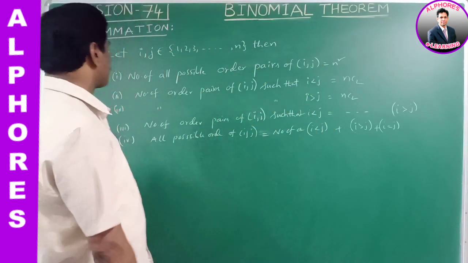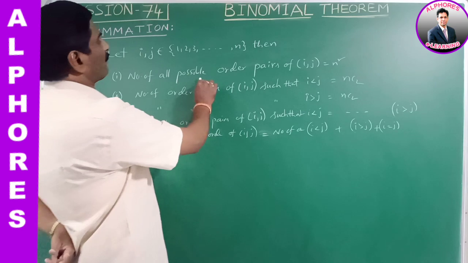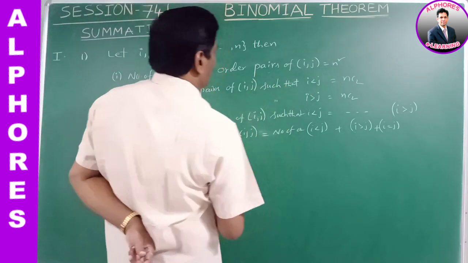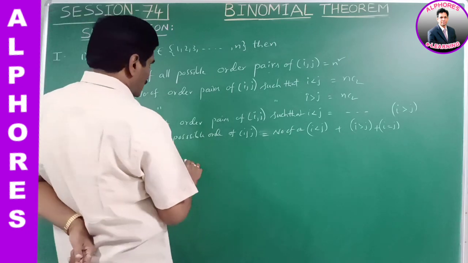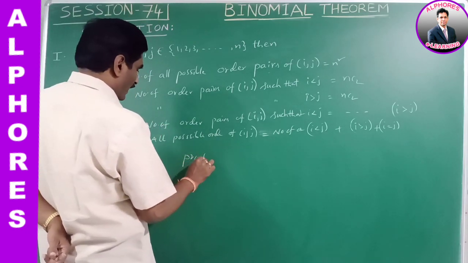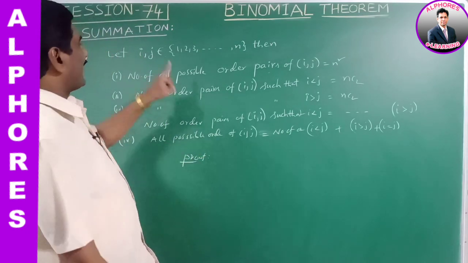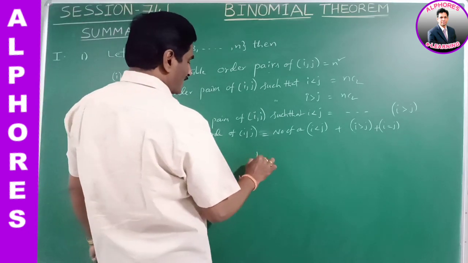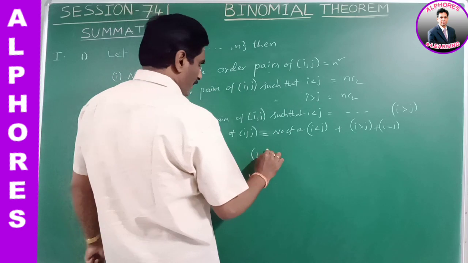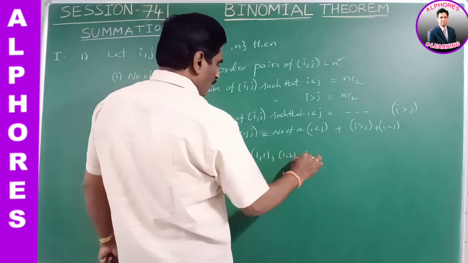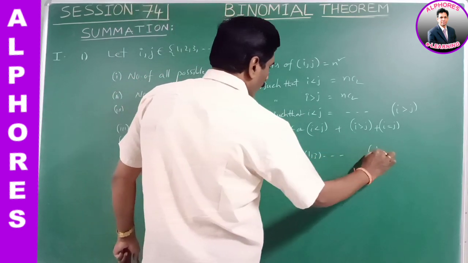Please observe these values. Here the number of all possible ordered pairs of i, j means i and j belong to 1, 2, 3, so on n. Now the possible ordered pairs, proof values. Suppose i takes 1, then what is the j value? j takes 1, 2, 3, so on n values: 1, 1; 1, 2; 1, 3; up to 1, n.